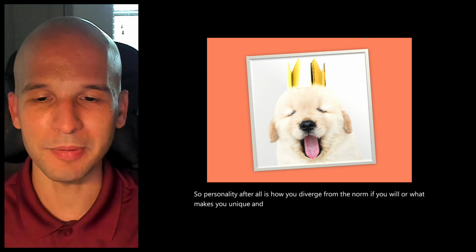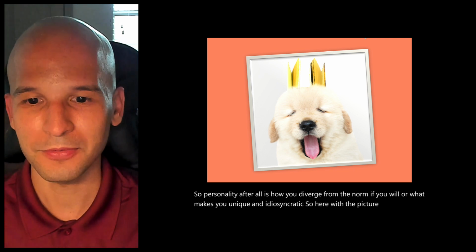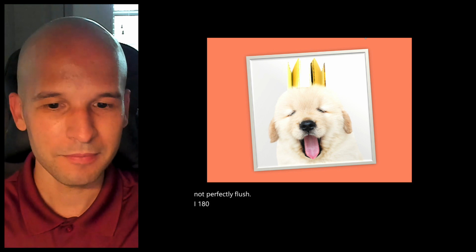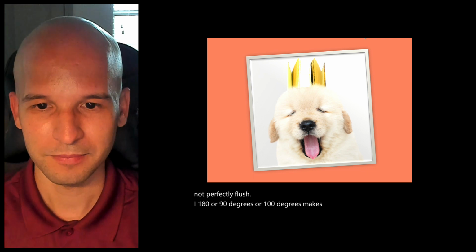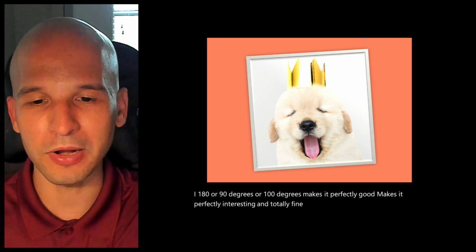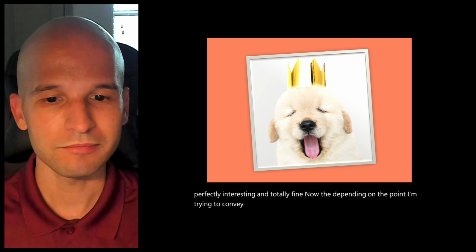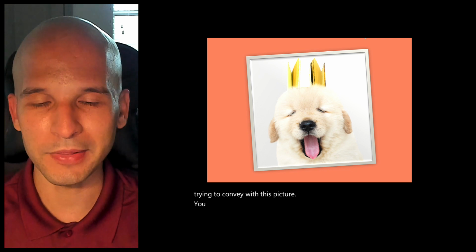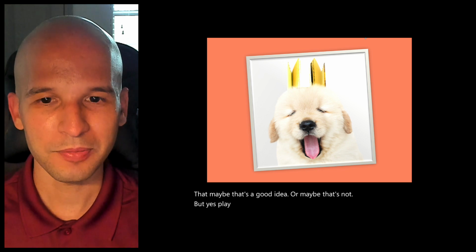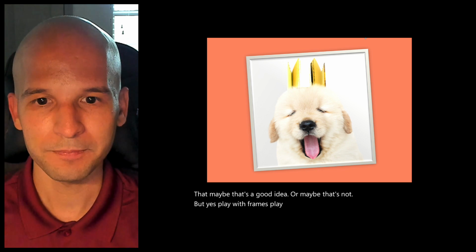So the picture not being perfectly flush, at 90 or 180 degrees, makes it perfectly interesting and totally fine. Depending on the point I'm trying to convey with this picture, maybe that's a good idea or maybe it's not. But yes, play with frames, play with those things as well.